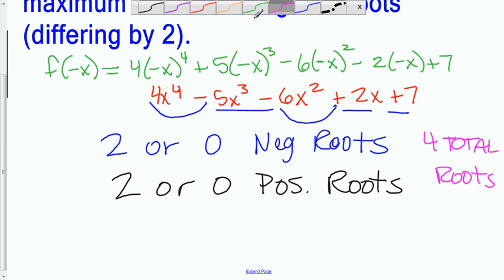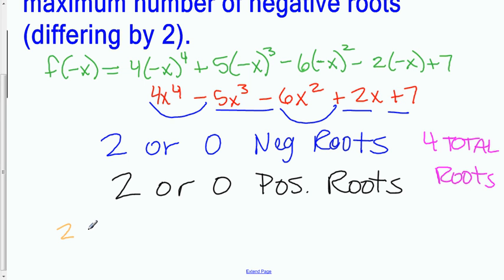So we have some options that could happen with this polynomial function. We could have 2 positive roots, 2 negative roots, which takes up all 4 of them. You could also have 2 positive roots, no negative roots, which then leaves 2 complex roots.